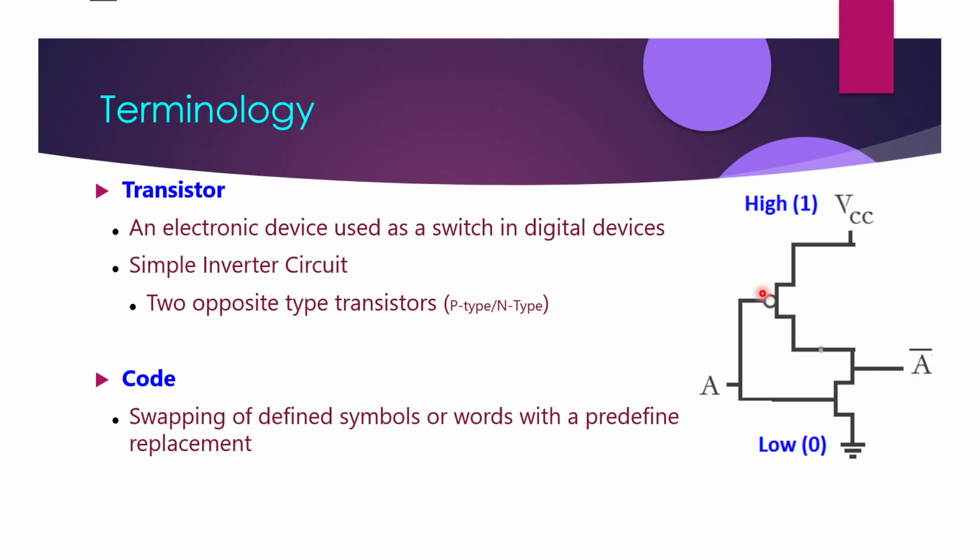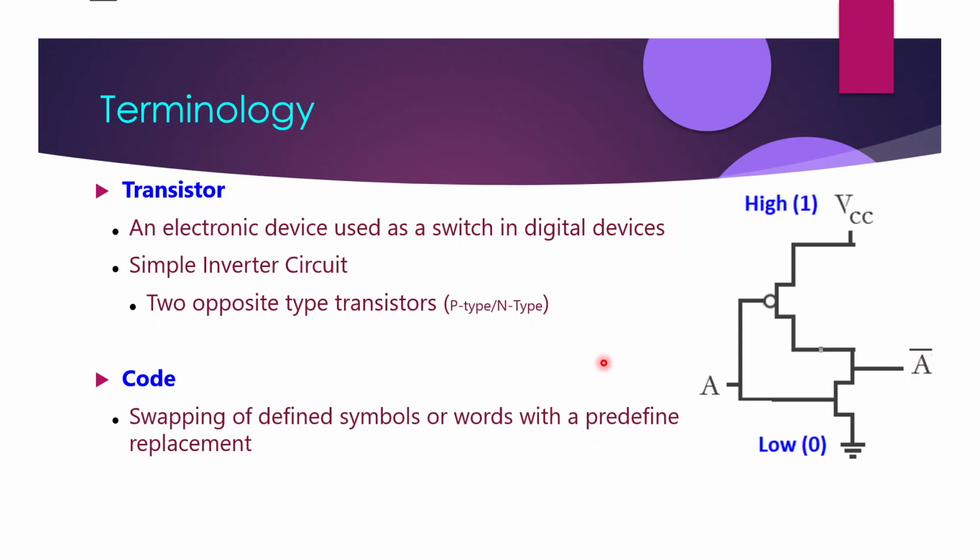This bubble represents a not, or a flip. If you put in a high into A, then it will give you a low out. So this A bar here means the opposite of A. This is what we call an inverter circuit.